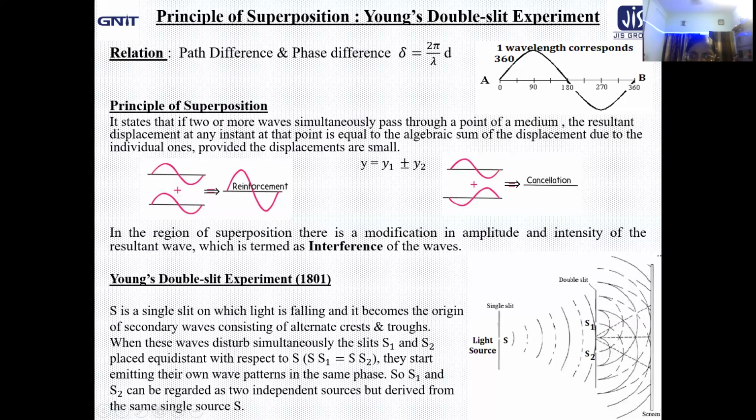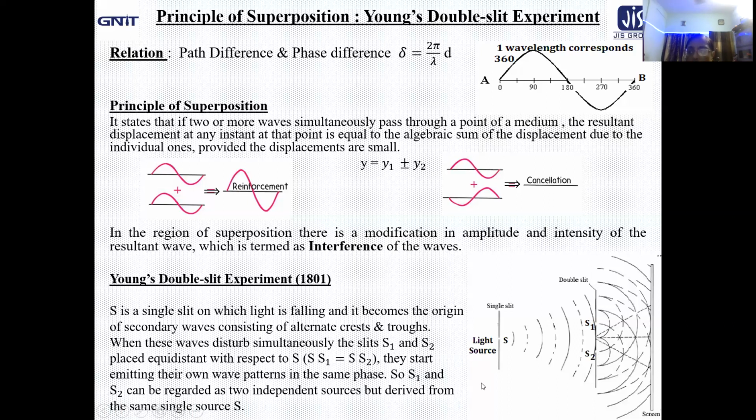Before going to that part, we have to be careful about one thing: S1 and S2 are regarded as two independent sources but derived from the same single source S. Be careful at this point, and SS1 equals SS2.